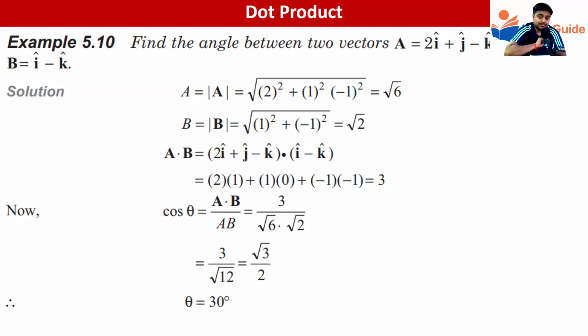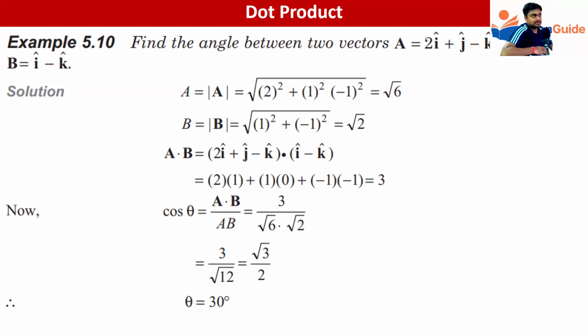Here, one thing I just want to tell. You see, A vector and B vector are given. An angle of 30 degrees is very pleasing, when we get 30, 45, 60 degrees, such answers. But since it is in 3 dimensions, with k, just by seeing that, it's very difficult to make it out.